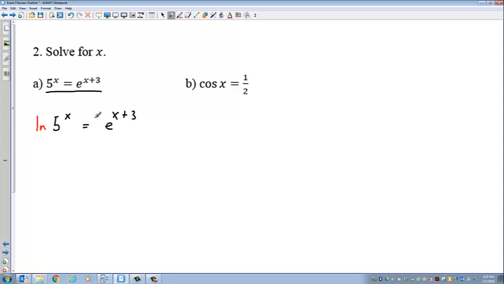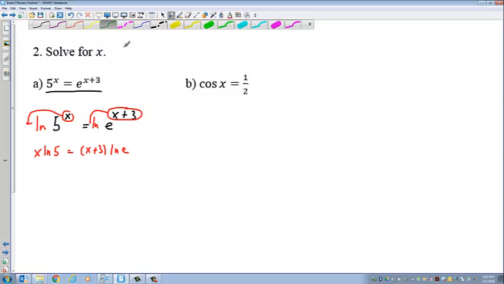And when we ln both sides, these exponents can come down in front. That's a property of logarithms. So these exponents come right down in front. So I get x ln of 5 is equal to x plus 3 all times ln of e. And then remember, ln of e is 1, so you can drop that off because it's just the number 1.